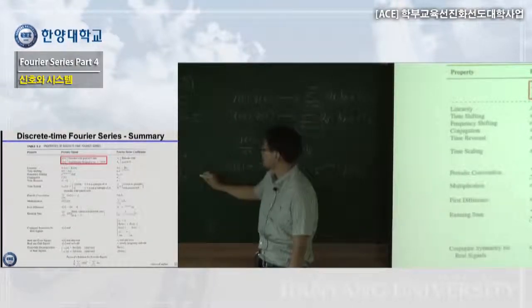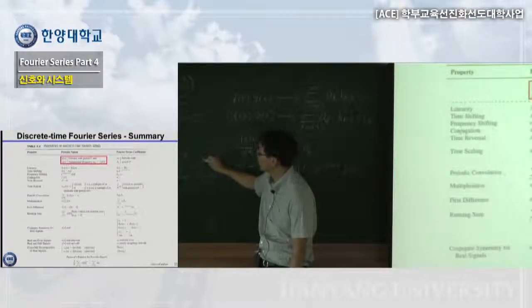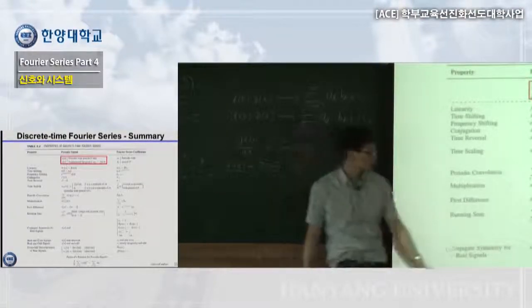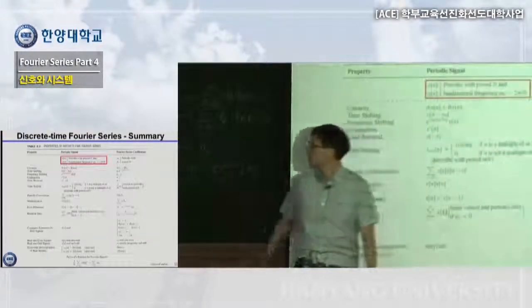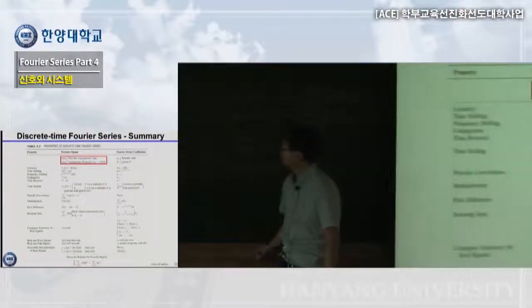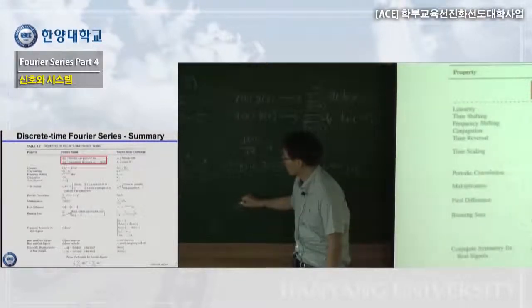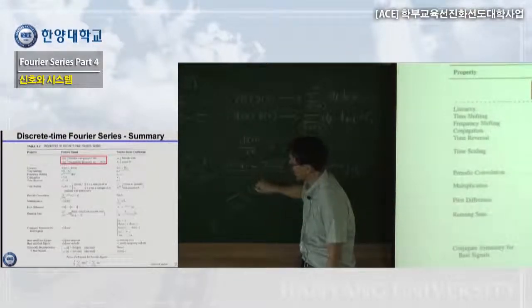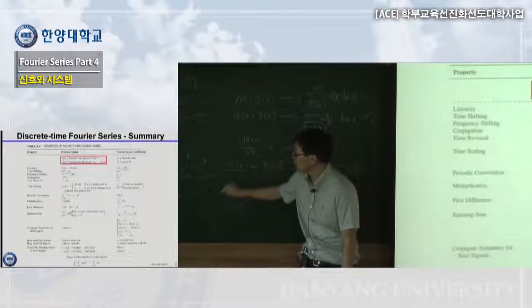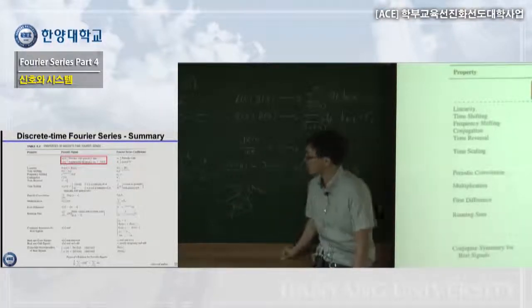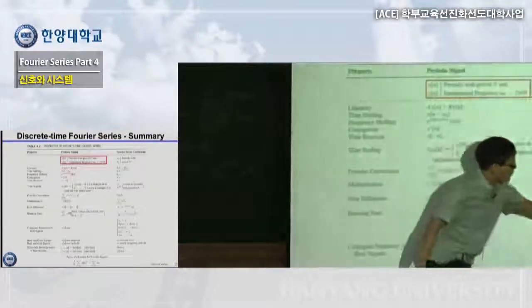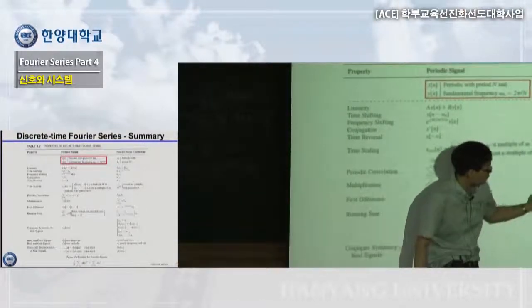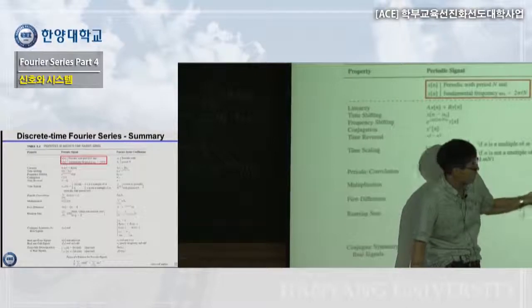Running sum is what? The sum of k equals minus infinity to n. This is the running sum. In continuous time, remember that they are in the form of j omega 0 k times a_k, something like this. In here, likewise, in discrete time differentiation, we don't have this form; we have this form instead, which is exactly the reverse of this.